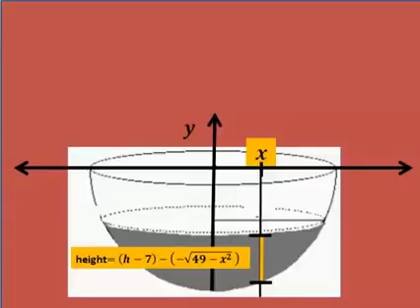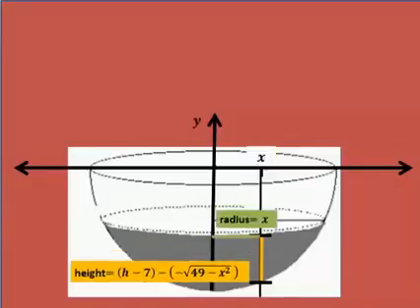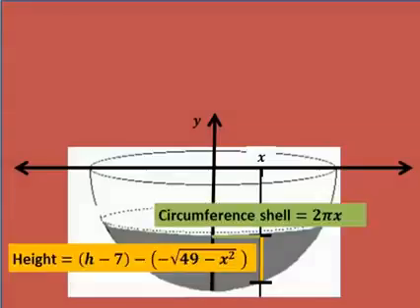After I find the height of my shell, I'm going to find the circumference. To find the circumference, I need the radius. Fortunately, that piece is easy. The circumference is just 2 pi x. At least there's one simple thing about this problem. The width of my shell is dx.